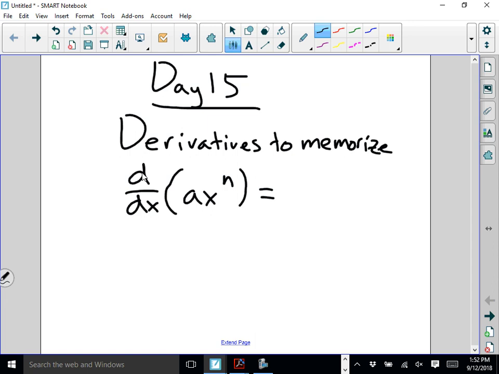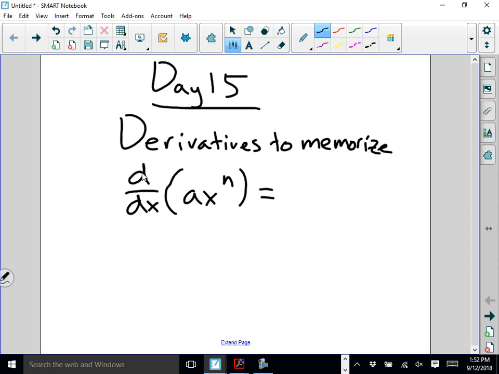Most of the derivatives that we'll be doing this year are with respect to the x variable, although sometimes in contextual problems it'll be d dt, or things like that. But this is just saying what happens when I do the derivative of ax to the n.